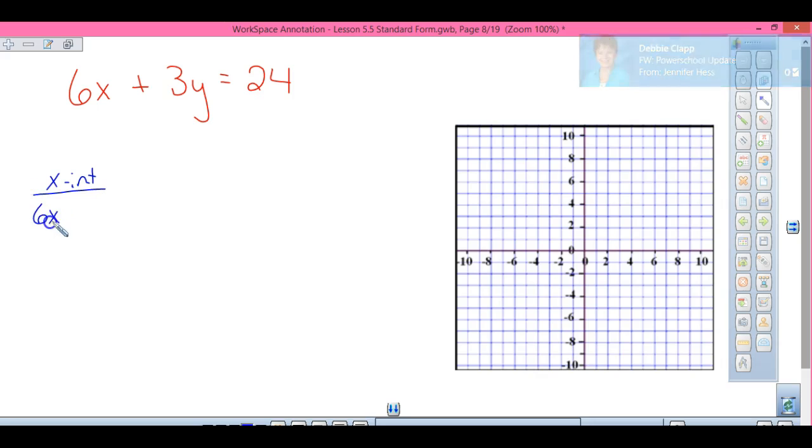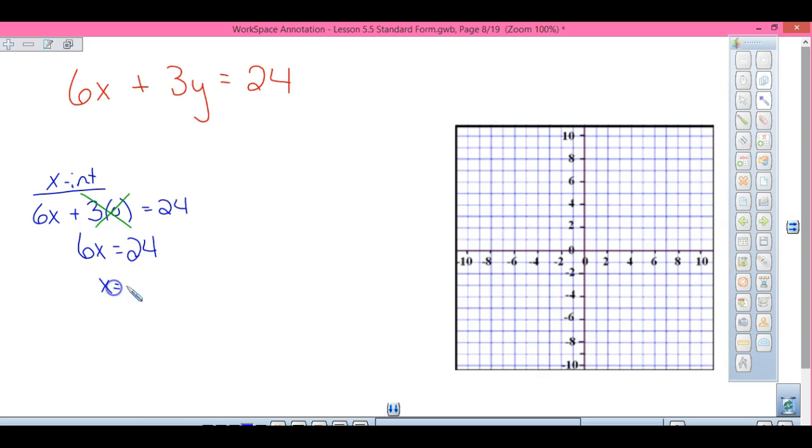So 6x plus 3 times 0 equals 24, right? That goes away. 6x equals 24. X equals 4. So this is the point 4, 0, because x is 4. We plugged in 0 for y. So the point 4, 0, over 4 up 0, boom.